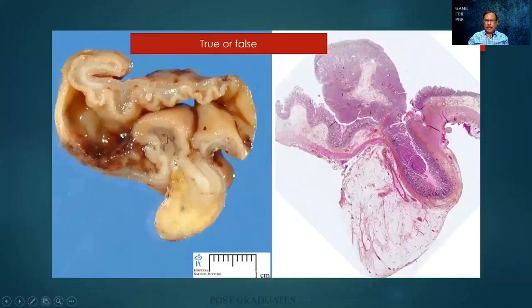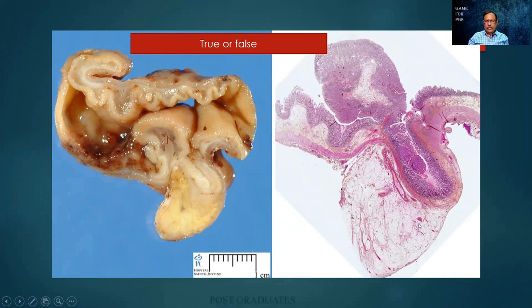And this is what I had been talking about. In this case, there is a diverticulum that is going over here. And here I am able to see the muscular layer as well as the mucosa and the submucosa. So this is a case of a true diverticulum where all the layers are present. But sometimes when there is an absence of the musculature, we can call it a false diverticulum.